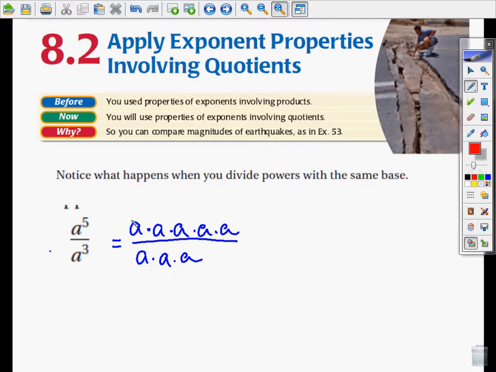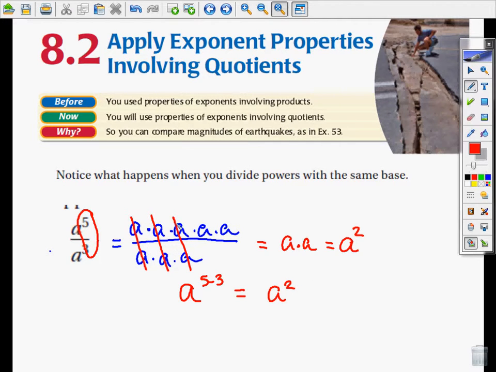And when you're dividing, if you have the same factors in numerator and denominator, you can go ahead and just cross them off. So that gives me a times a, which we learned from yesterday is a to the second power. Well, if we make the connection between the 5 and the 3, this was really a to the 5 minus 3, which also gave us a to the second power.